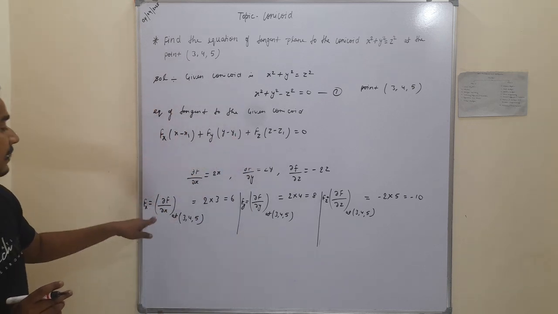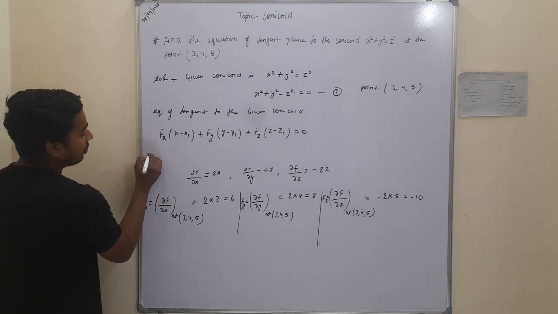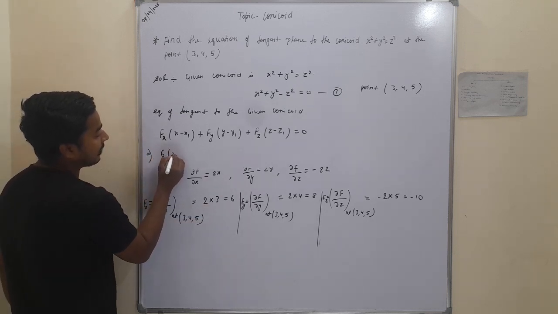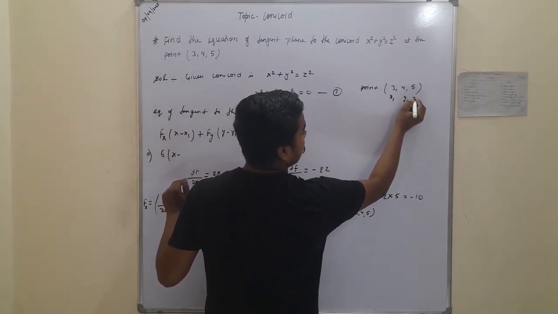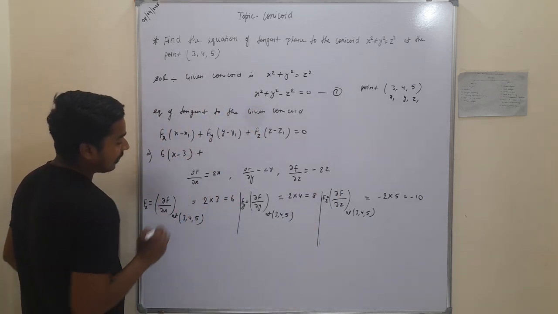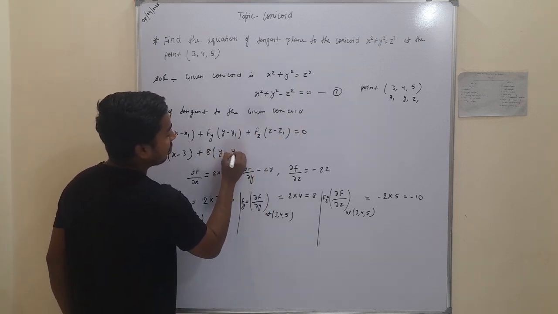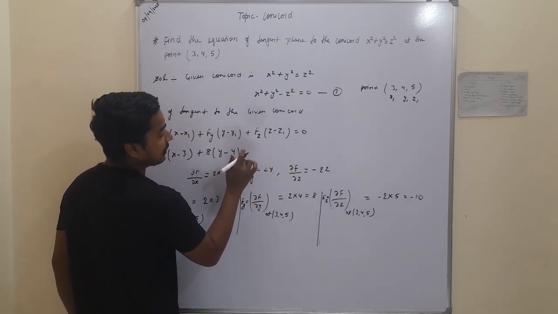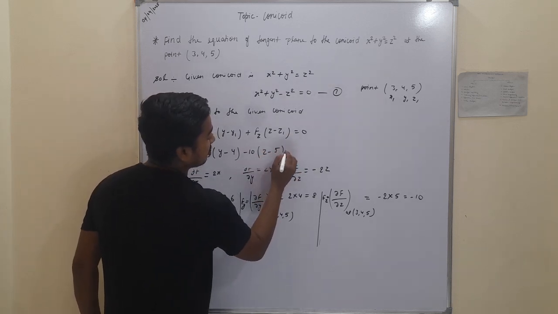Here f of x, f of y, f of z are evaluated at the point (3, 4, 5). Putting in the values, f of x is 6, so 6 into (x minus x1), where we let the point be (x1, y1, z1). x1 is 3, so minus 3, plus f of y is 8 into (y minus 4), plus f of z is minus 10 into (z minus 5) is equal to 0.